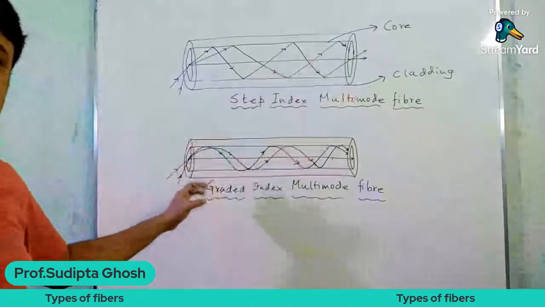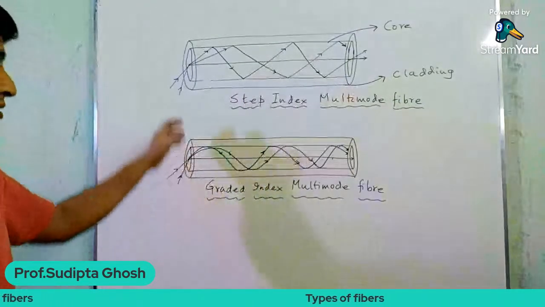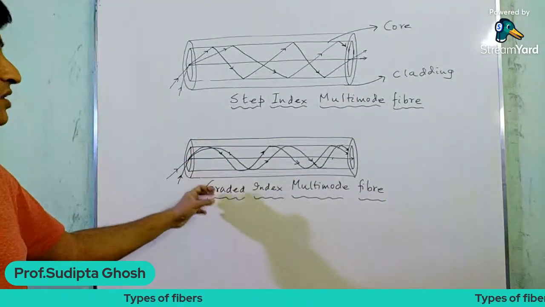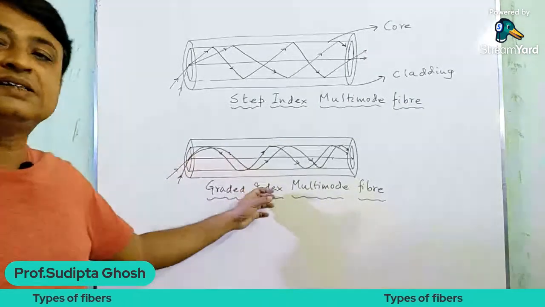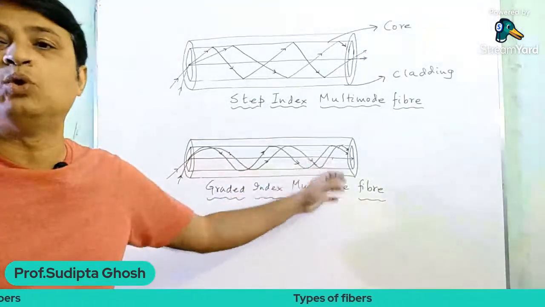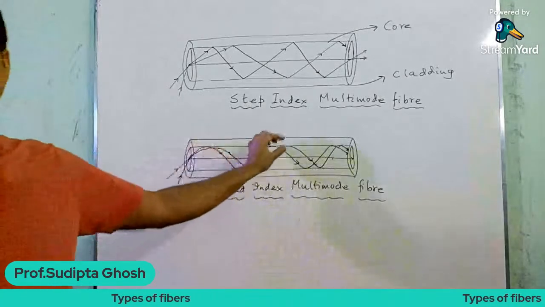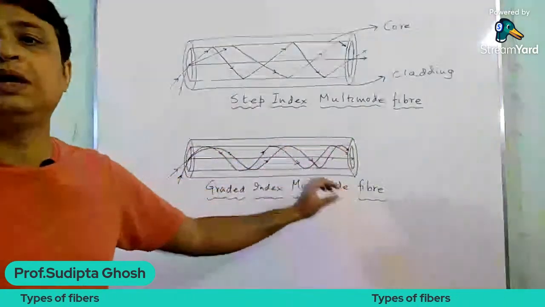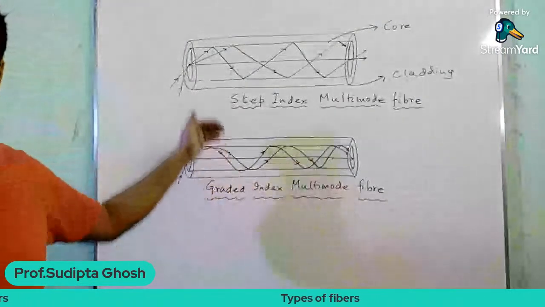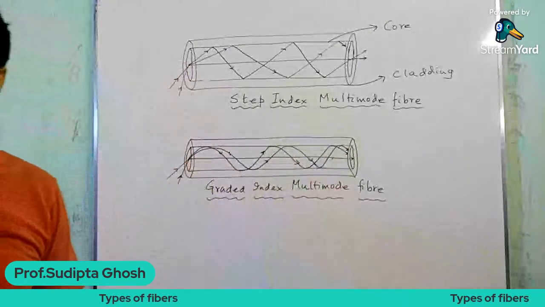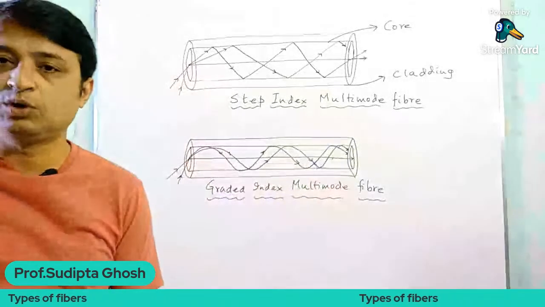And in the second picture, you can see a graded index, but again a multimode fiber, because the number of optical rays moving through the fiber is more than one. So this is a step index multimode fiber. This one is a graded index multimode fiber.